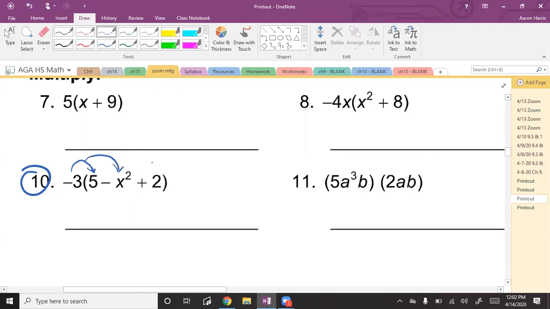What's the D word? Divide. No. Distribute. Because arrows mean what? Multiply. So what is -3 times 5? -15. Good. What is -3 times -1?